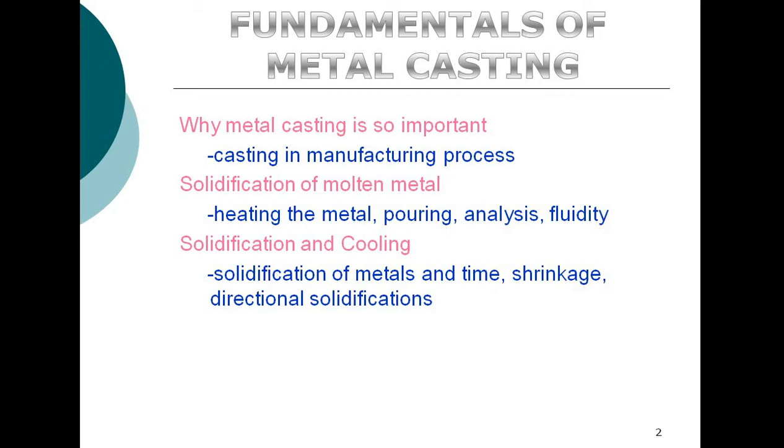For example, we cannot make an engine part by totally machining, because it takes too much time. That's why we have to use casting. In 1 minute we can produce about 10 to 20 engine covers if we're talking about automotive.